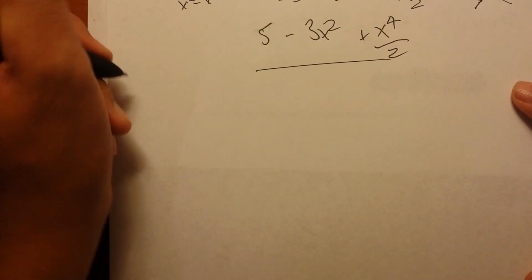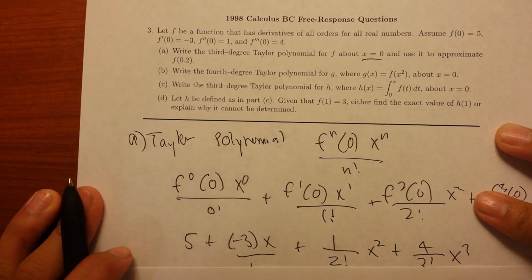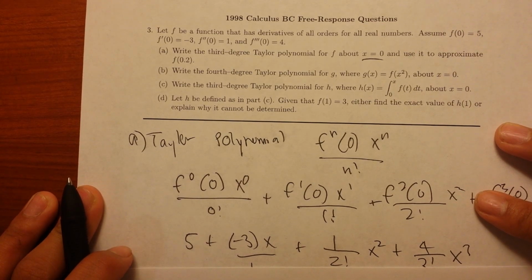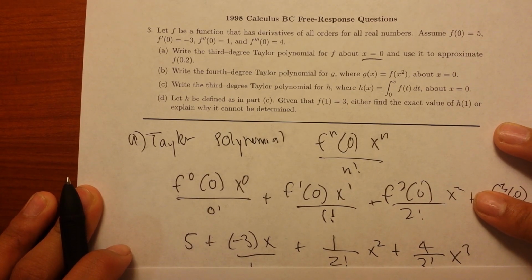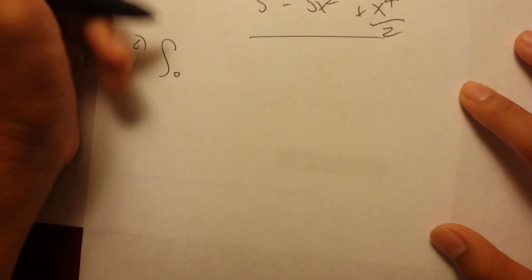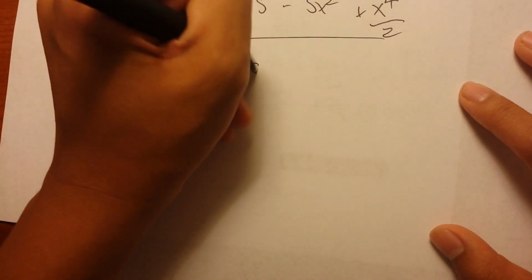Now, moving on to part C. Part C says, write the third degree Taylor polynomial for h, where h of x equals the integral from 0 to x of f of t dt, about x equals 0. So we're just asked to find the integral from 0 to x of f of t dt.